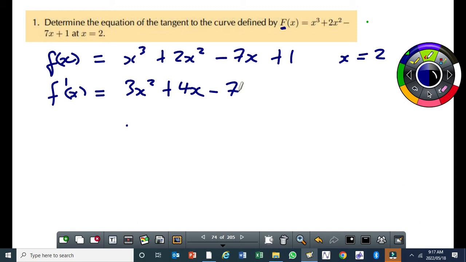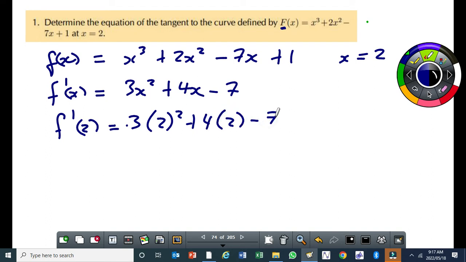Then we need to know what is the gradient at that point. To find the value of the gradient, we substitute x equal to 2 into the expression of the derivative. So this will be 3 times 2 squared plus 4 times 2 minus 7. And this will be equal to 12 plus 8 minus 7. So that's 20, and you get 13.